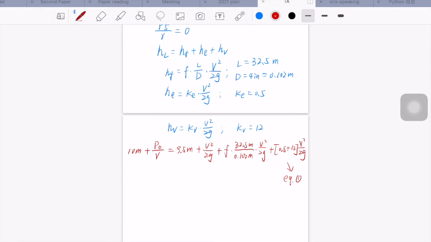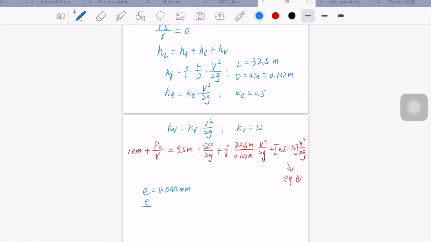Since the velocity is not available, the Reynolds number cannot be solved directly. But we know this is commercial steel pipe, so the roughness height for commercial steel pipe, we know the e is 0.046 millimeter.